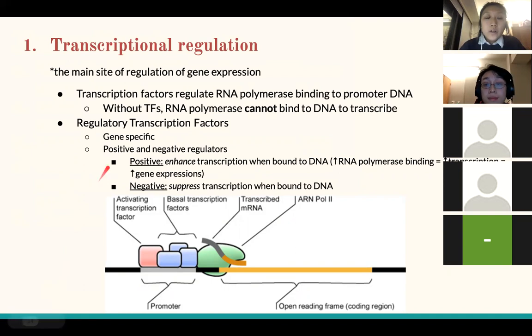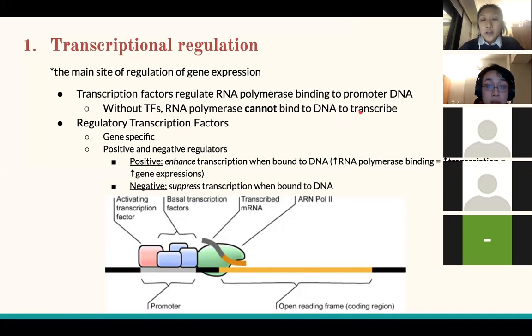So for transcriptional regulation, this is the main site of regulation for gene expression. Transcription factors regulate RNA polymerase by binding to the promoter. Without transcription factors, which is what the abbreviation stands for, RNA polymerase cannot bind to the DNA.